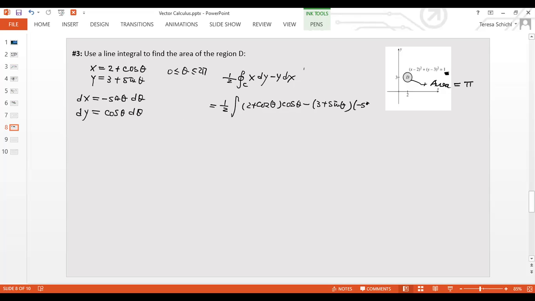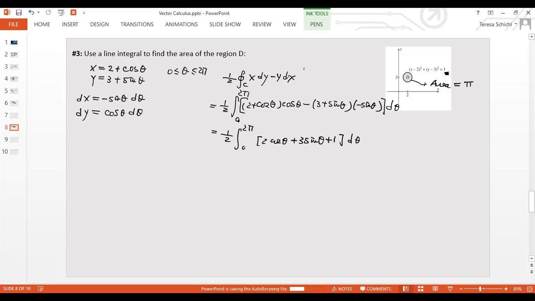It is negative sine theta. See here, now you change everything to d theta here. So theta from 0 to what? 2 pi here, right? So if I simplify that a little bit, then this one here is 0 to 2 pi, and this will give you 2 cosine theta plus 3 sine theta plus 1 d theta, right?